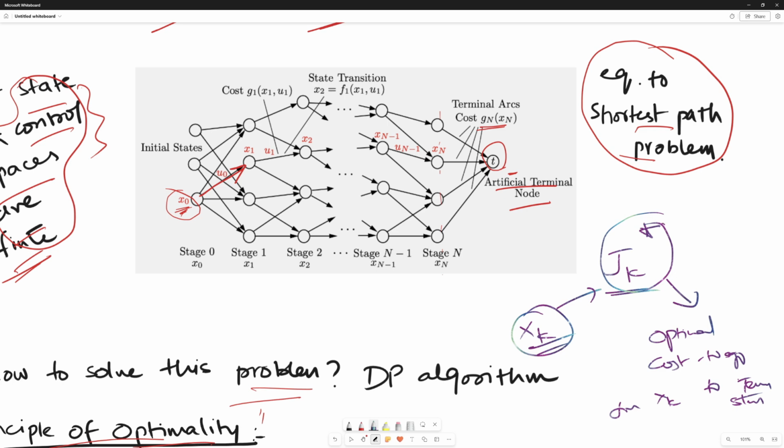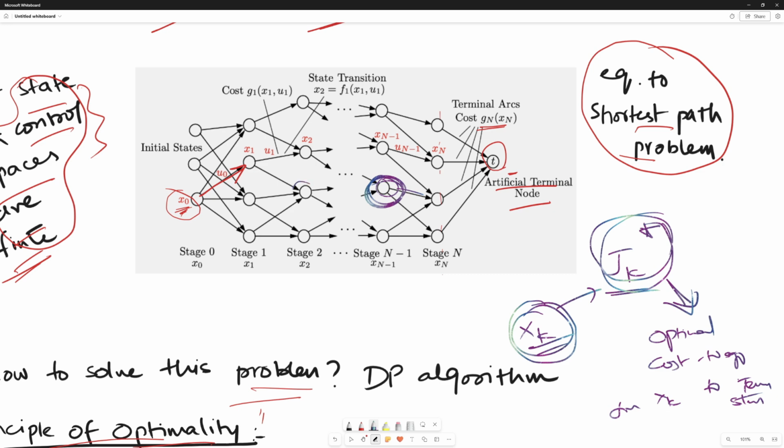So once I have such a function, this is basically a lookup table. I can look up any state at any stage x_k, and it will give me the optimal cost to go. So for example, I can take this state and put it in this function, and I'll get the optimal cost to go from here to the terminal state.